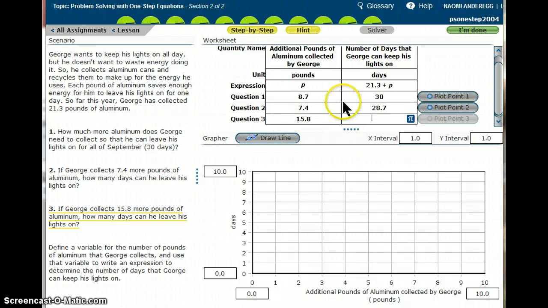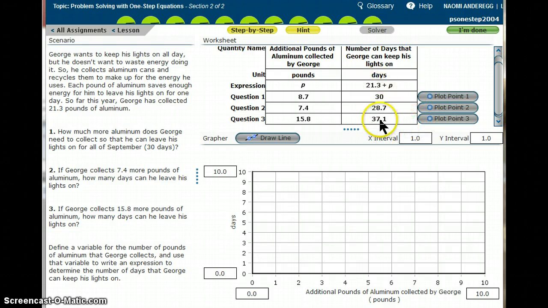I've got 15.8 plus 21.3. 0.8 plus 0.3 gives me 1.1, so I know I'm going to have a 0.1. And then my 1 carries over so that I have 15 plus 1 plus 21. 15 plus 1 is 16. 16 plus 21 is 37. So I'm going to have 37.1 there.